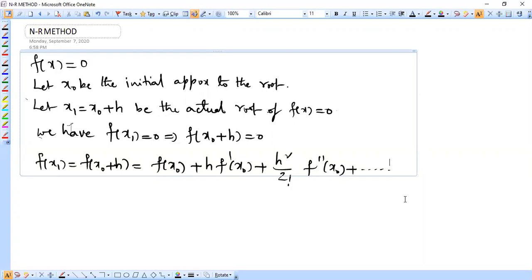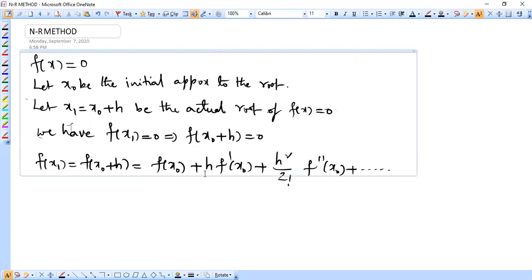That means h is very, very small. Since h is very small, h square is very, very small, h cube is small, h power 4 is small, and so on. And you can observe that in all these terms we are dividing by the factorials, right? So we neglect the second and higher order terms in the expansion.